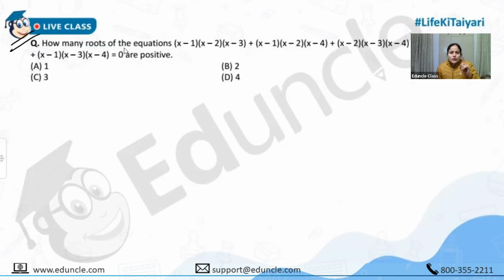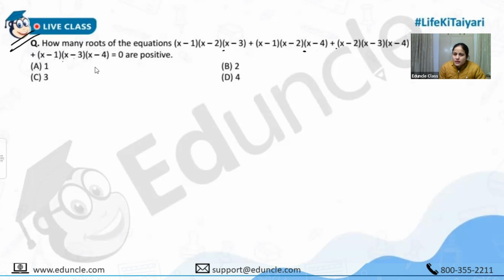See, first of all, observe your equation carefully. x minus 1, x minus 2, x minus 3, then x minus 1, x minus 2, x minus 4. मतलब x minus 3 is missing. So here x minus 4 is missing. Here x minus 2, x minus 3, x minus 4. That means x minus 1 is missing. x minus 1, x minus 3, x minus 4. That means x minus 2 is missing.